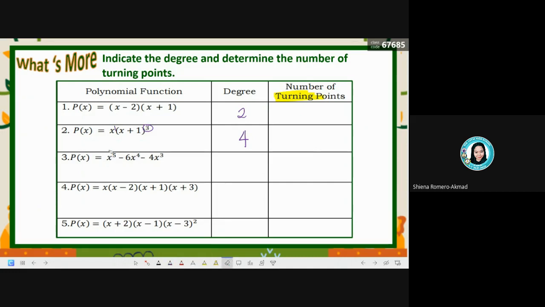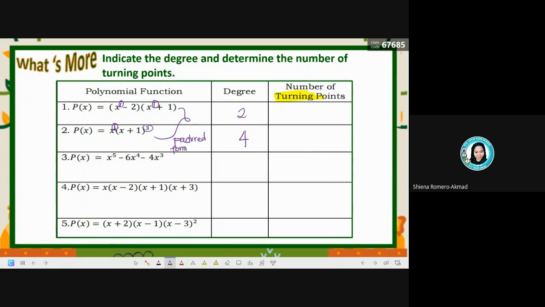Di pa to naka-factored form. So, nag-add lang tayo ng exponent kapag naka-factored form. So, ito kasi kanina may 1 and 1. So, plus, plus. So, 2. Ito, may multiplication dito. So, 1 plus 3, 4. Eh, dito, sa part na to, hindi na siya naka-factored form. So, bali, itong dalawa lang, naka-factored form.